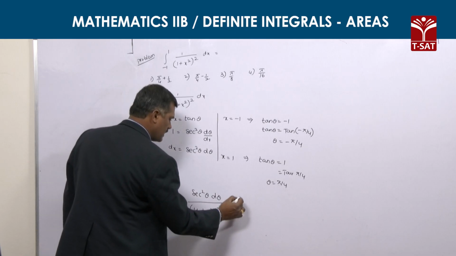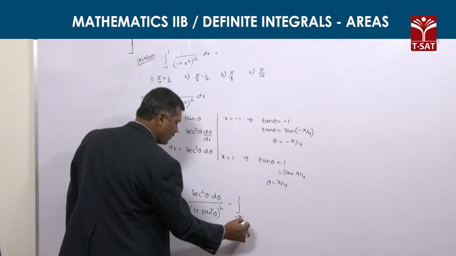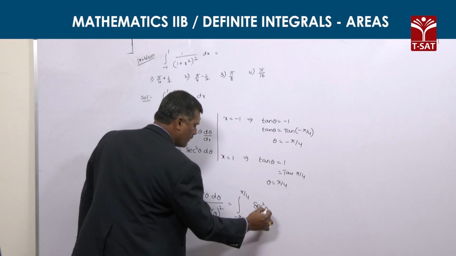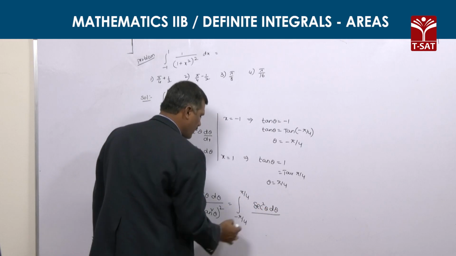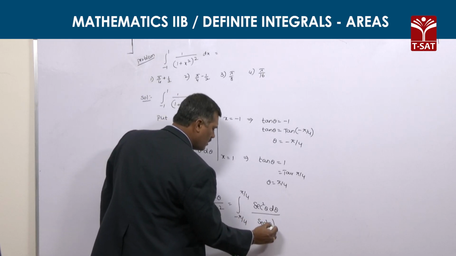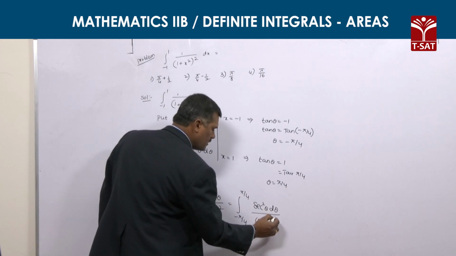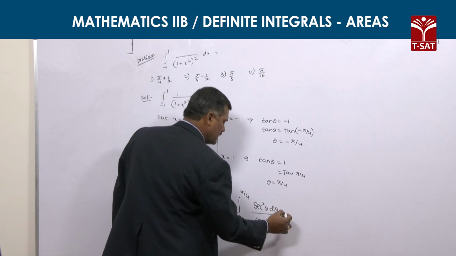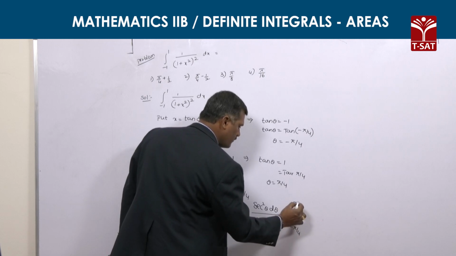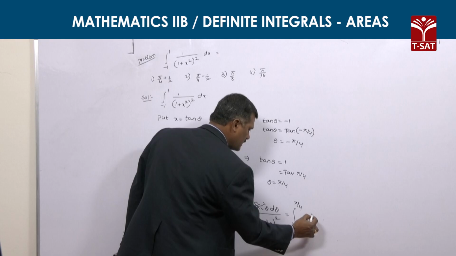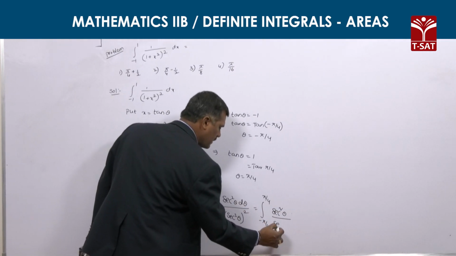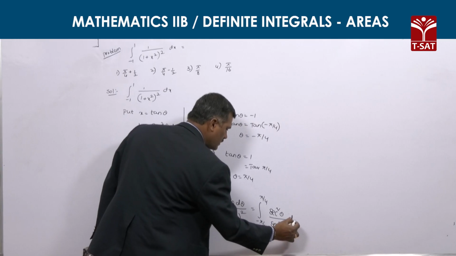That is equal to the integral of minus pi by 4 to pi by 4 of secant square theta d theta, divided by 1 plus tan square theta, which is again secant square theta, and it is having a square, whole square, that is secant power 4 theta, into d theta.